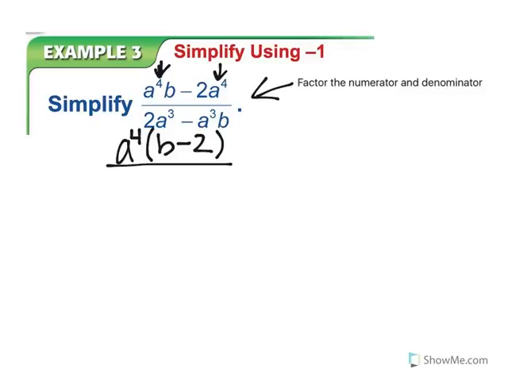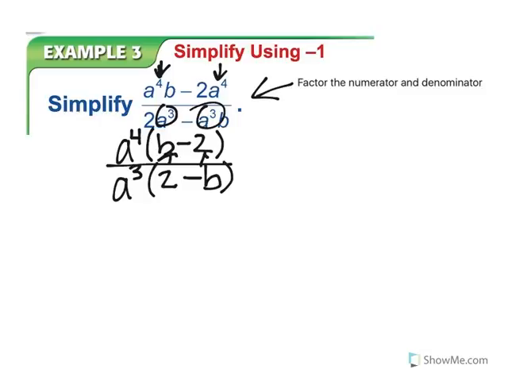And on the bottom, we have 3 a's in common. So if we factor out a cubed, we get 2 minus b. When we get to this step, technically b minus 2 and 2 minus b are not the same thing. So what I'm going to do is take the top factor and switch these two around.